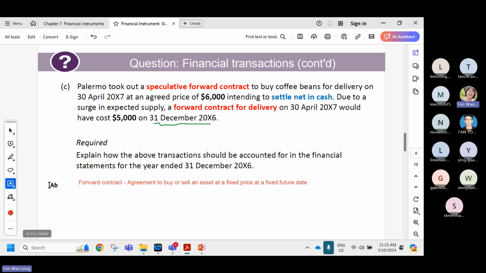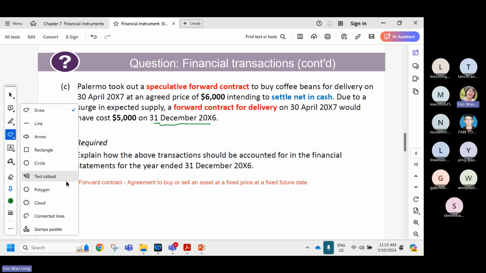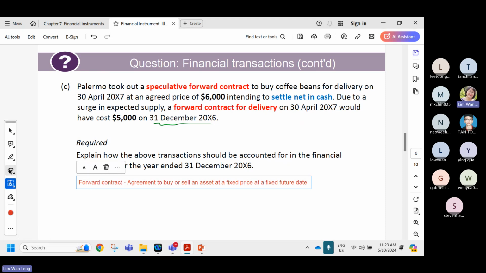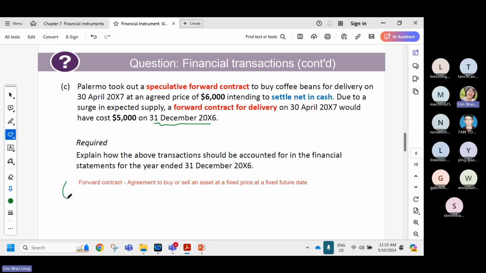And earlier we also mentioned that forward contracts are examples of derivative contracts.